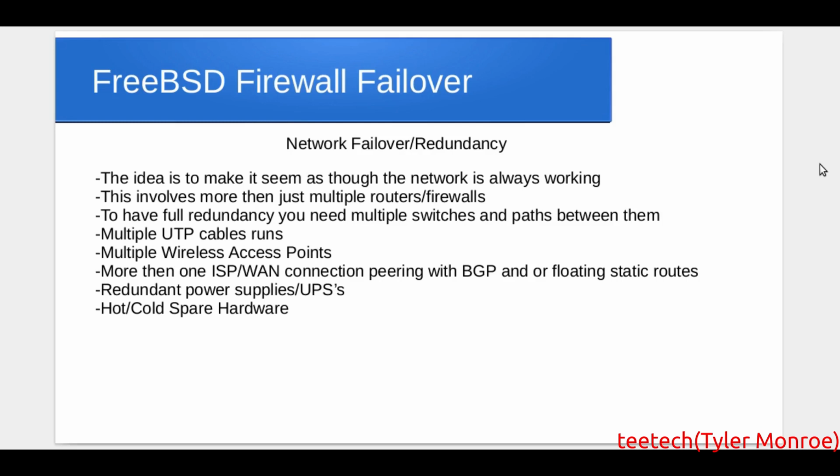Now, this does involve more than just multiple routers and firewalls like we're talking about today. To have full redundancy, you need multiple switches, you need multiple paths between them, you need multiple UTP cable runs, so Ethernet cable, you need multiple runs of the cabling through the building, you need multiple wireless access points, you even need more than one internet service provider or WAN connection, and with that you would peer with BGP, the Border Gateway Protocol, and/or floating static routes, so each router could change where the packets are going.